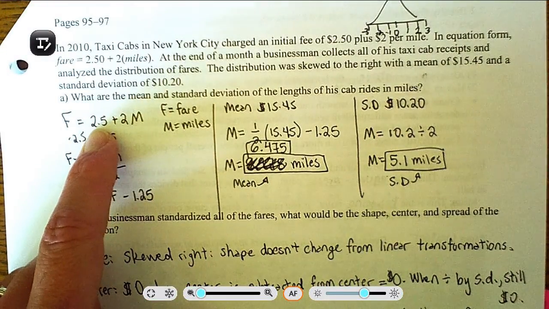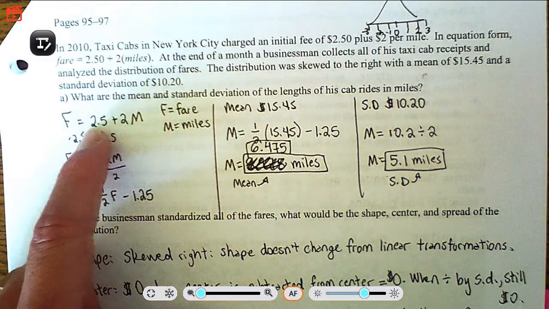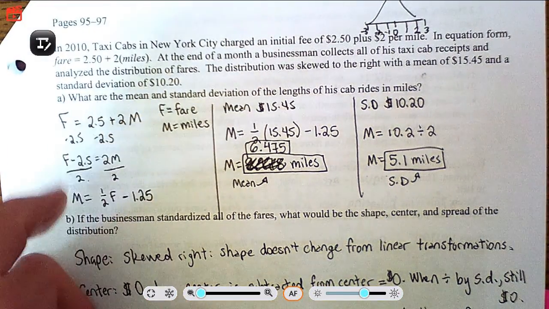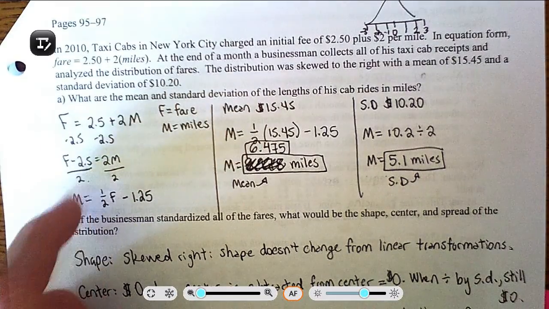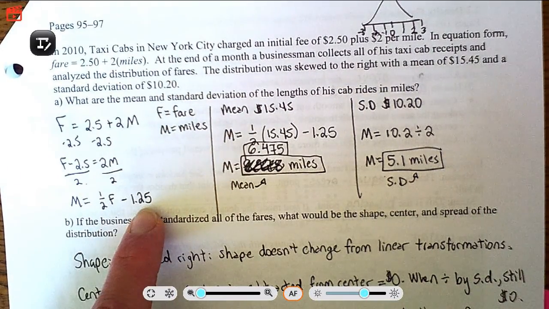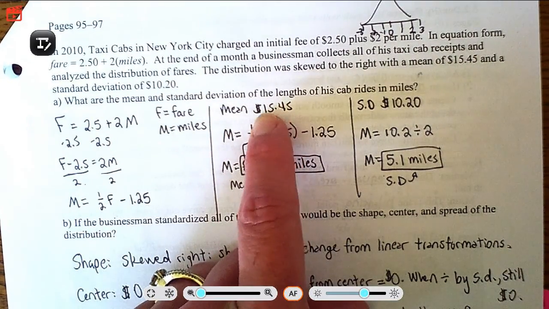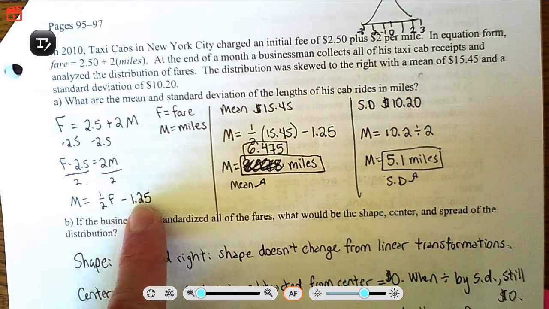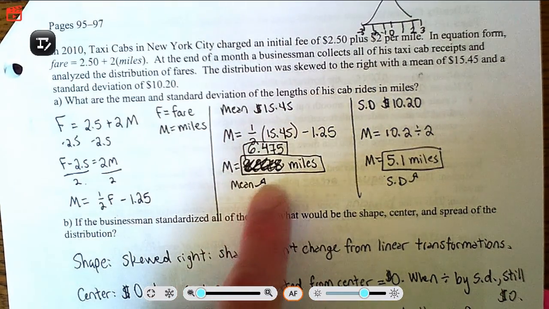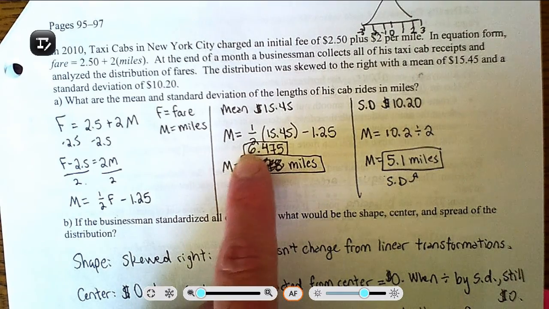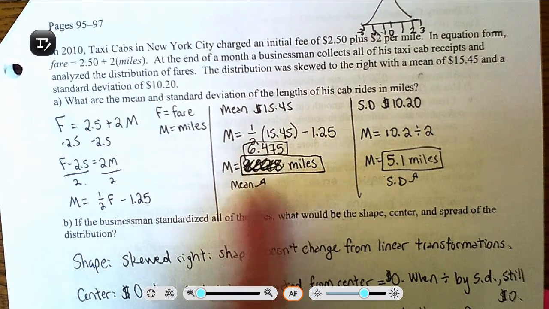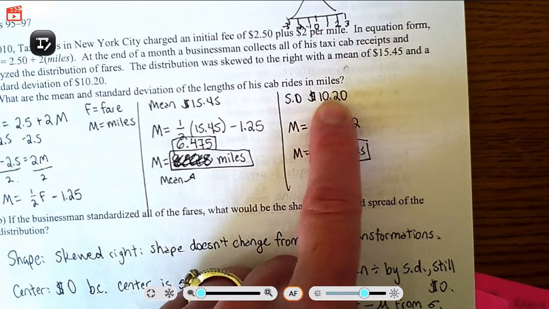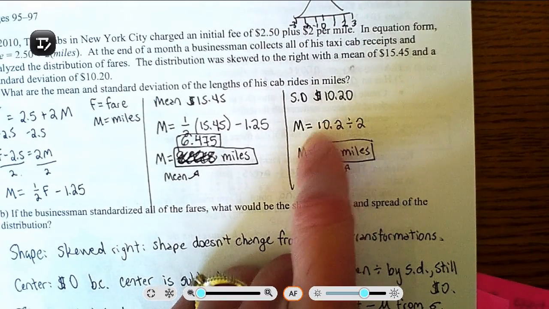So I'm going to say fare and miles, use that equation, and move things around so that I can solve for miles. If I knew that the mean was $15.45, I can use this new equation to find the mean number of miles. 6.475 is the mean number of miles, and the standard deviation used to be $10.20.